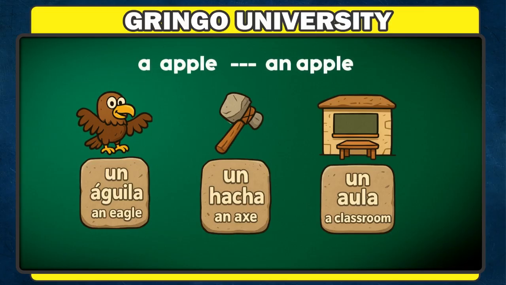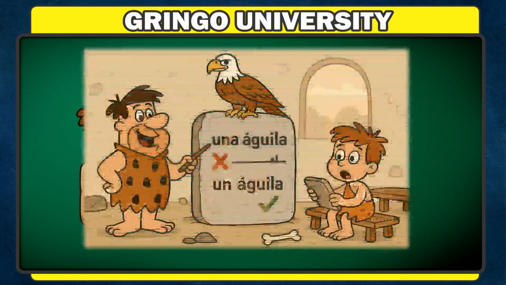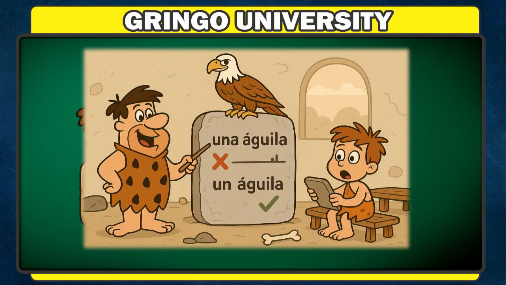Same logic, different drama. Oh, so it's not about gender, it's about sound? Exactly. Spanish avoids awkward double vowels. So instead of una águila, we say un águila. The noun stays feminine. The cheat is just for pronunciation. Wow, so no logic? Correct. Like goose to geese. No logic, just pain.